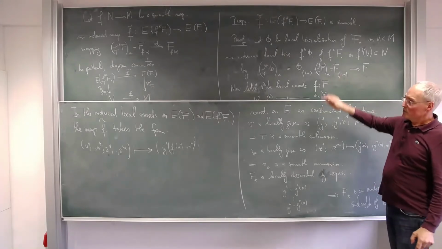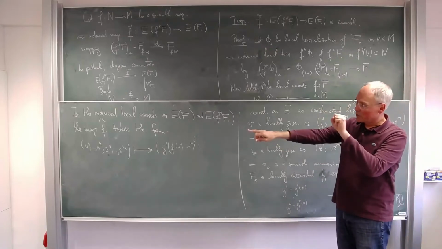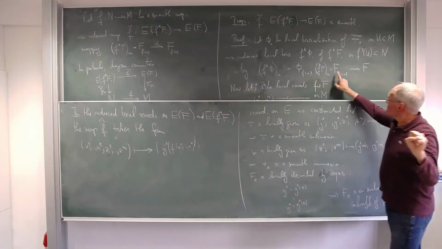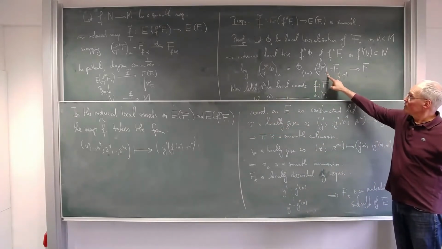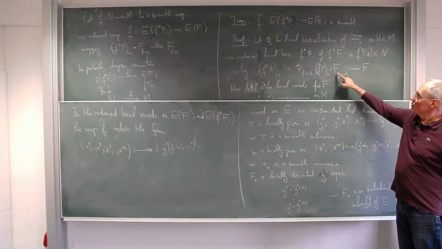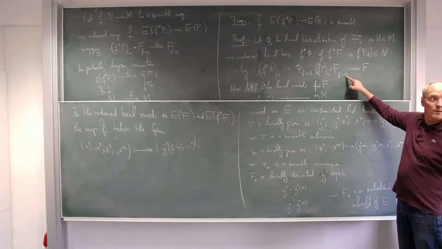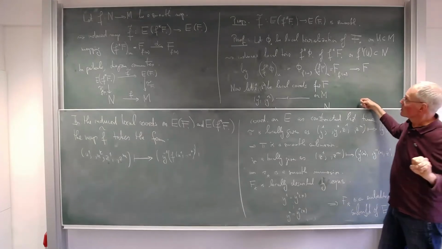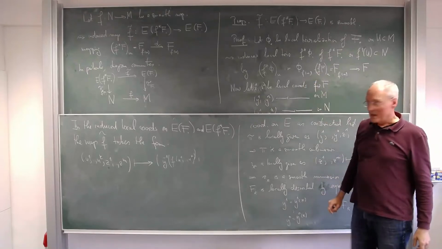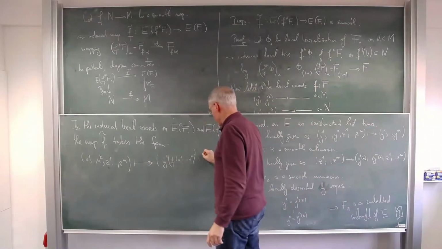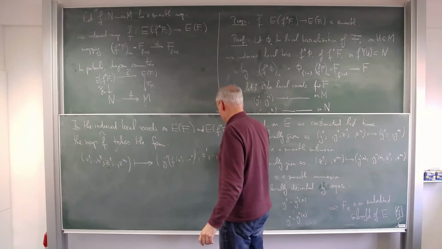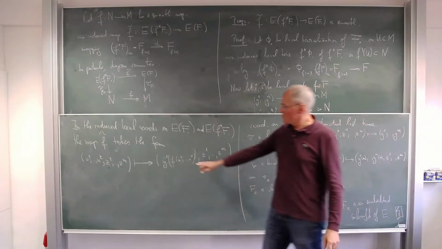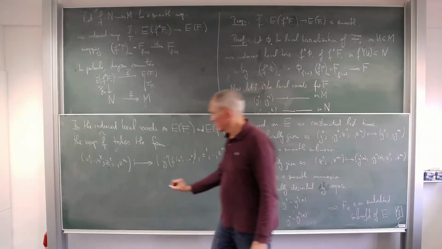So we take this point in the model fiber given by the coordinates z1 up to zn, identify this with a point in the fiber of the pullback bundle over U, which is the same as the fiber of the original bundle over F of U, where we take the corresponding trivialization to again identify with the model fiber. But the local trivializations were the same, and so it's actually the identity map on this part. And since F is a smooth map, we see that this is a smooth map.